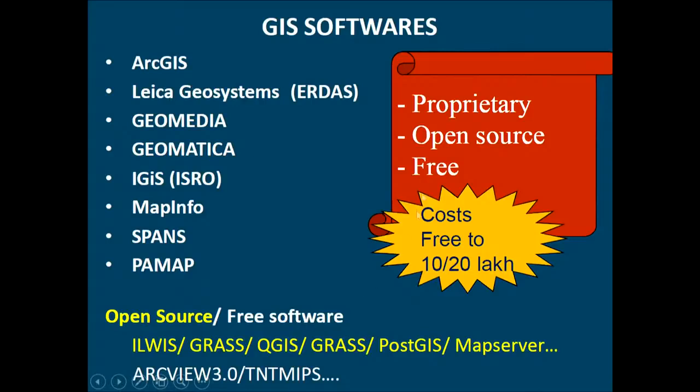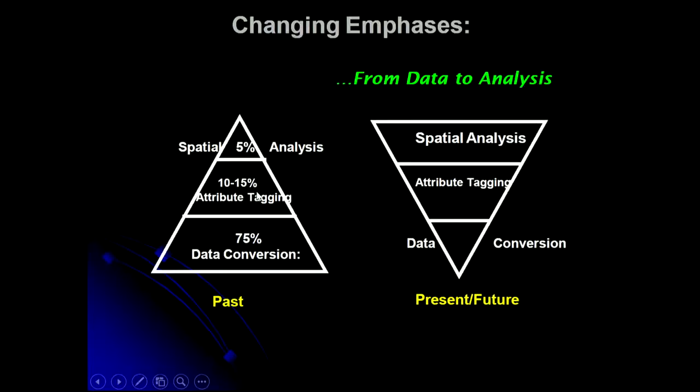So that can be done. That's why a programming background is always recommended, or it is always desired by various companies or organizations who are working in any kind of geospatial domain.